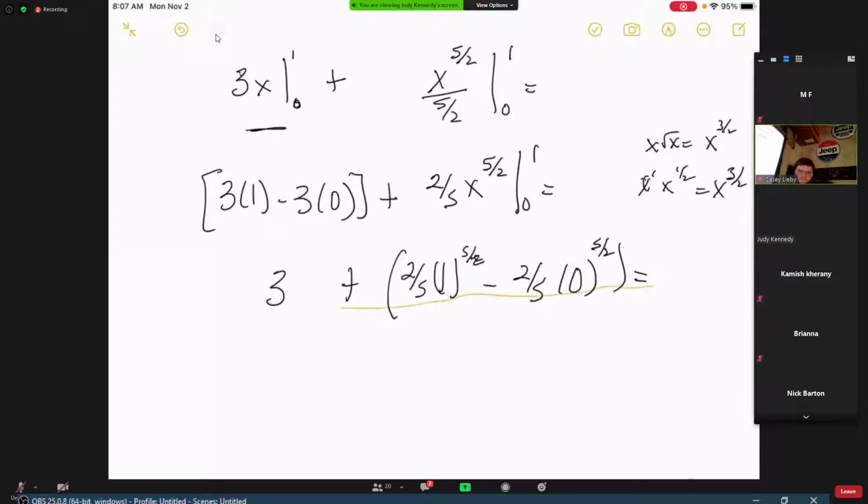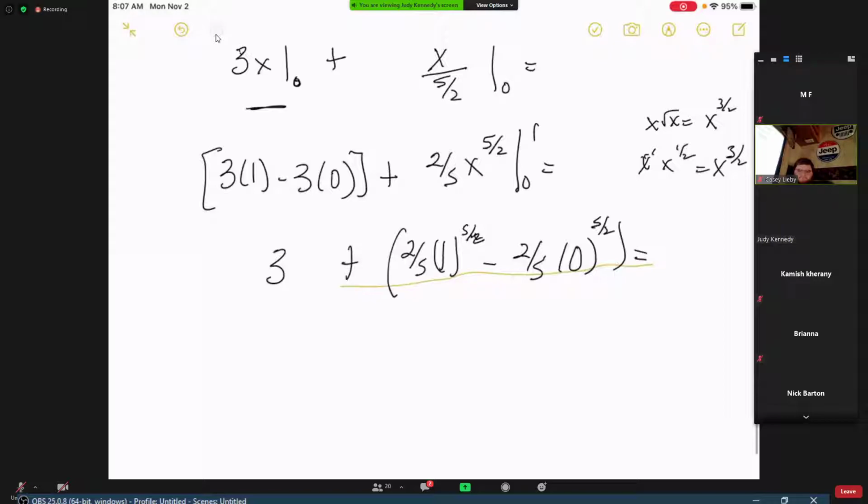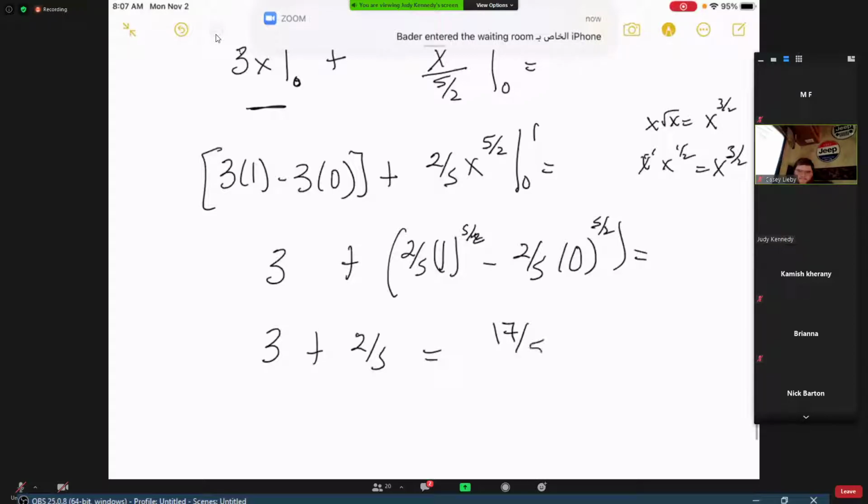And 1 to the 5/2 is 1. So it's 3 plus 2/5, which you could leave like that. 15/5 plus 2/5 is 17/5.